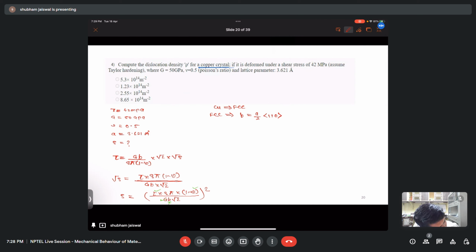Yeah. So if we find out the magnitude, we'll get A by root 2. If we put this value here, we'll get our answer, that is rho is equal to tau into 8 into pi into 1 minus 0.5 divided by, we know the value of tau.